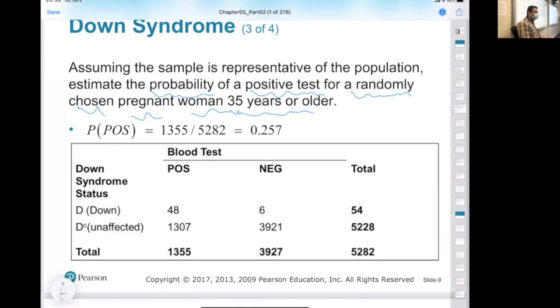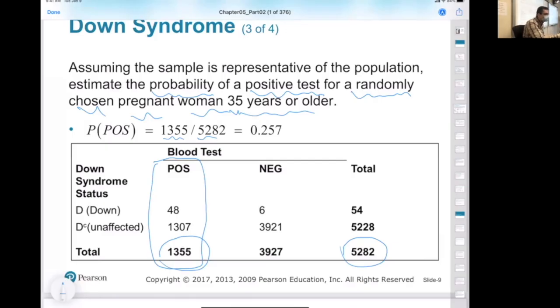Okay? So, where is this probability? We can find this probability by dividing the total number of positive tests, where the total is here, by the total number of all women we have in this study, this number. Okay? So you have 1,355 divided by the total number 5,282.